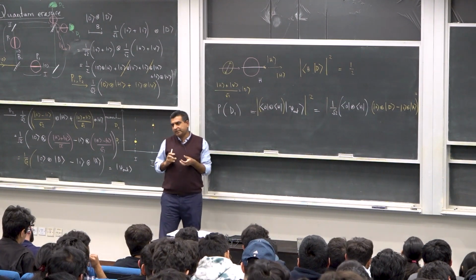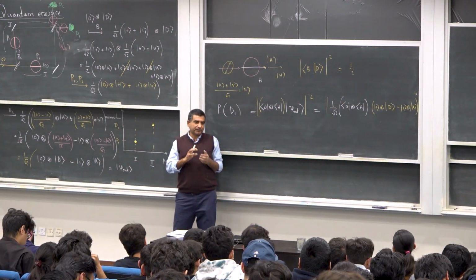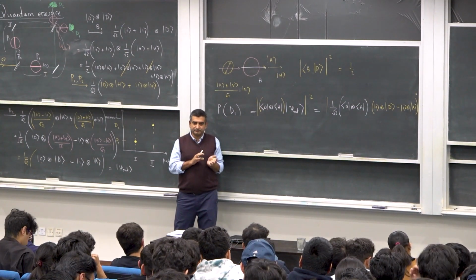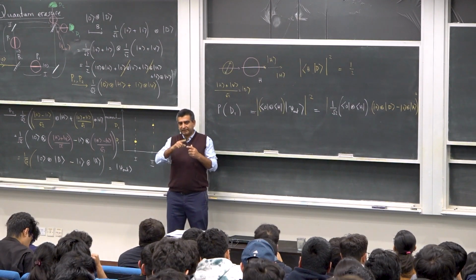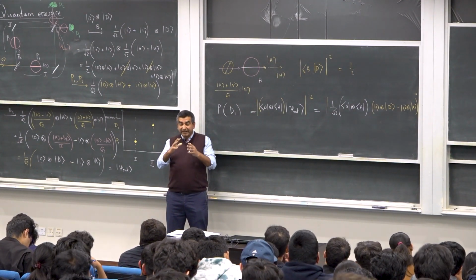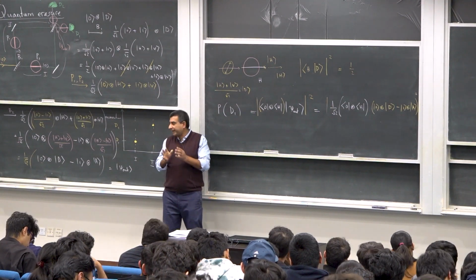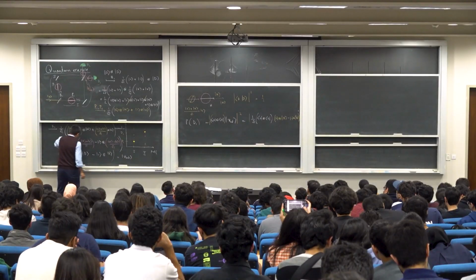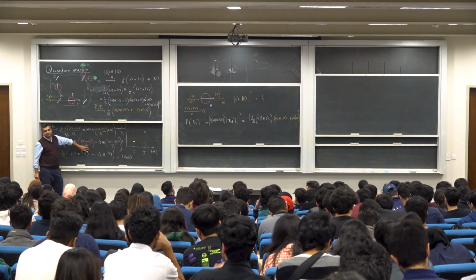So you look at the first. This system is a composite of 2 systems, path and polarization. When you write a tensor product, a direct product, the thing that comes before this sign is the path degree of freedom, and here you have polarization.